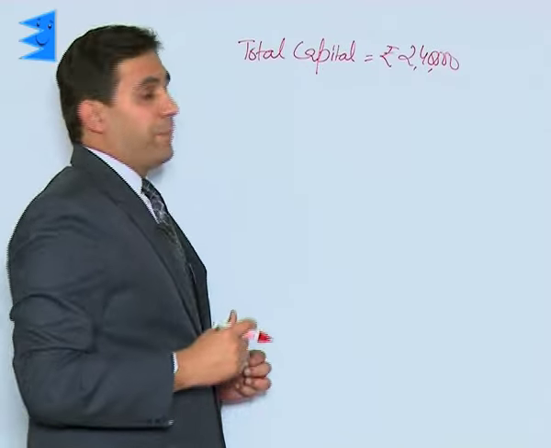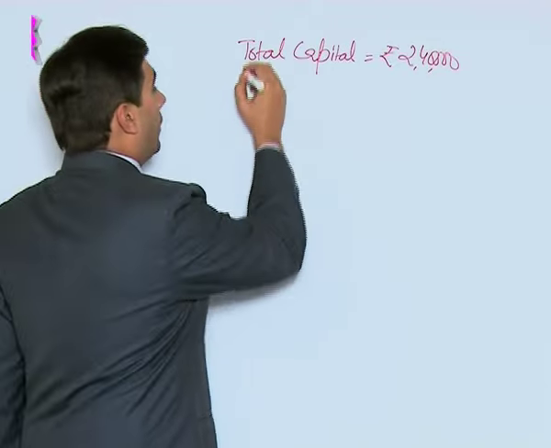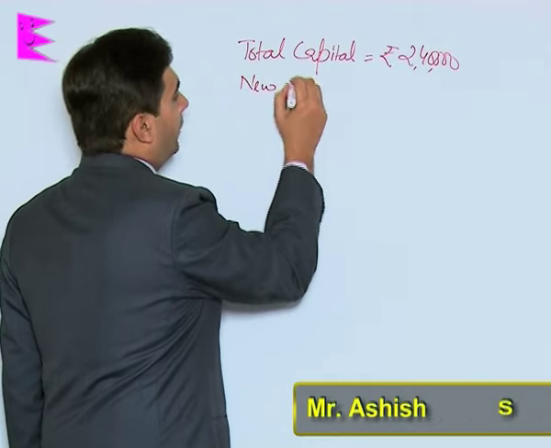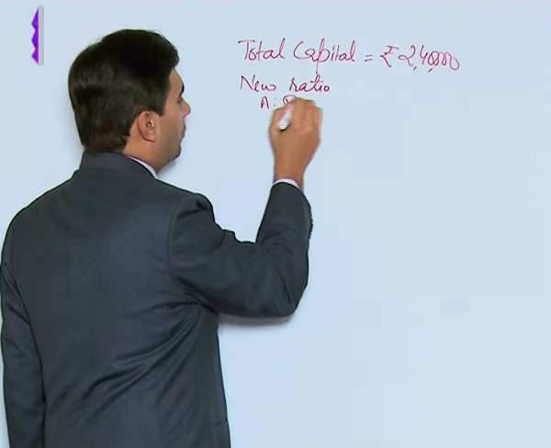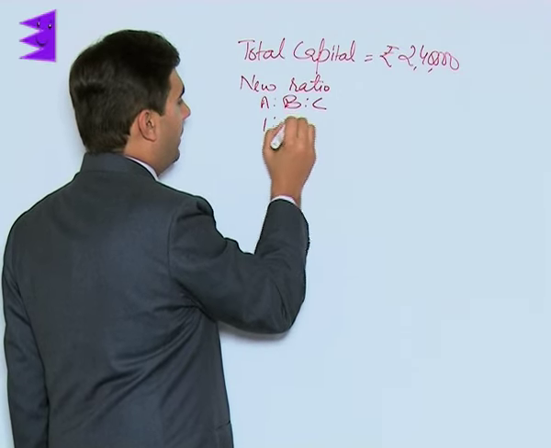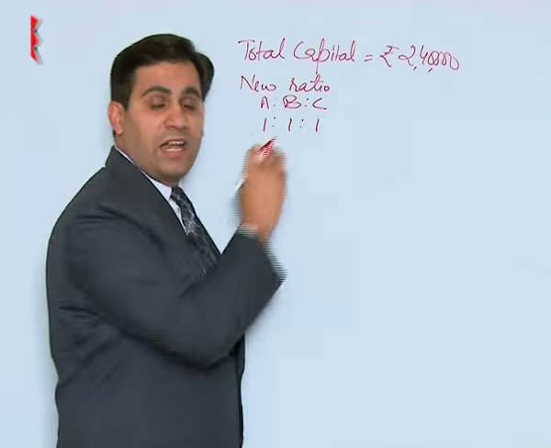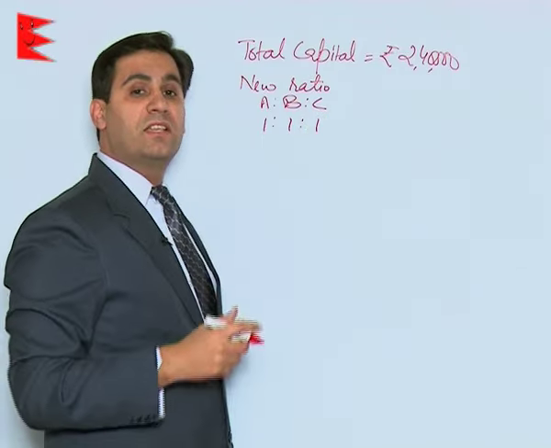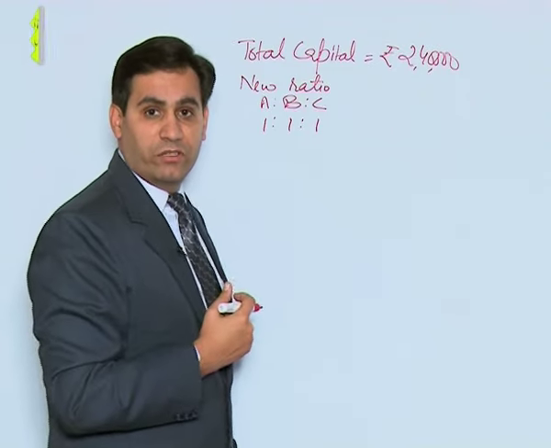Proceeding ahead from total capital, which we had just calculated to be 2,40,000, we'll look at the new ratio. The new ratio is given in this question to be 1:1:1 for A, B and C. Now remember students, in this question it is directly given to you, but in some cases it might be required that you calculate new ratio yourself.